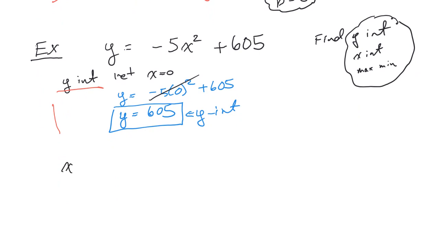So you're going to let y equals 0 in this case, just like how we did when we were looking for the x-intercepts in a line. So now let's do our solution. So you let y equal 0. So you get 0 is equal to negative 5x squared plus 605.